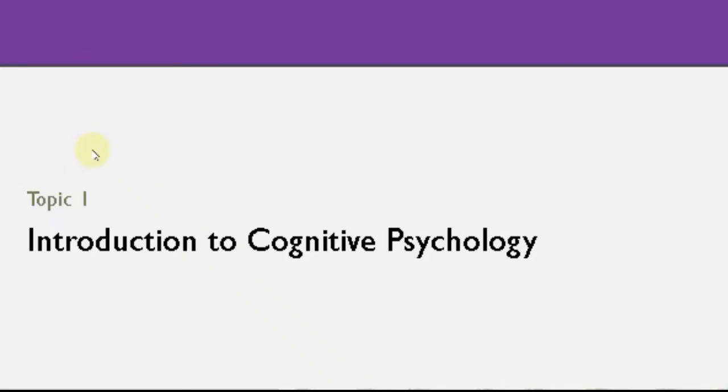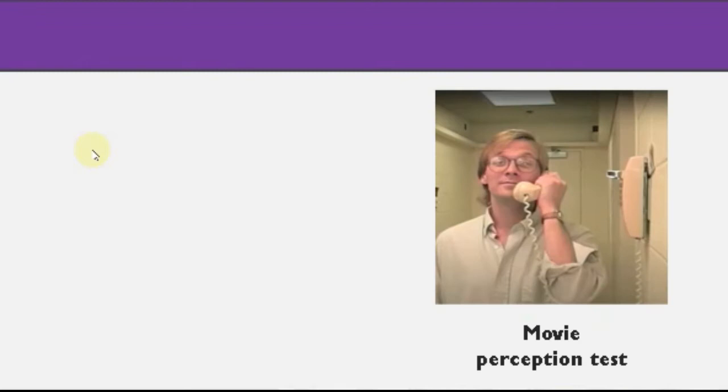Introduction to Cognitive Psychology, for topic one. Last meeting, we watched video clips regarding this movie. As time goes by, since we are focused on the scenario, we are unable to notice that the man changes his appearance and also his dress.